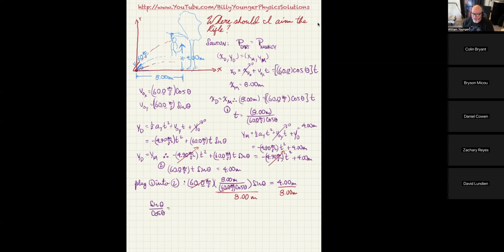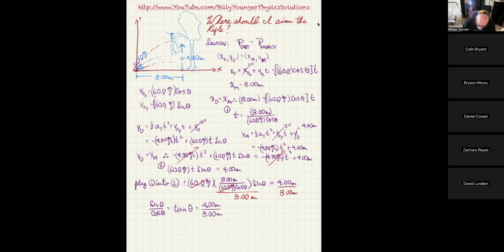Anybody want to tell me what sine theta over cosine theta is? Tan? Yep. So tangent theta is equal to 4.00 meters divided by 8.00 meters.